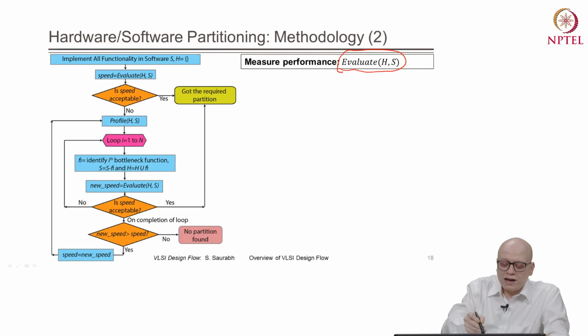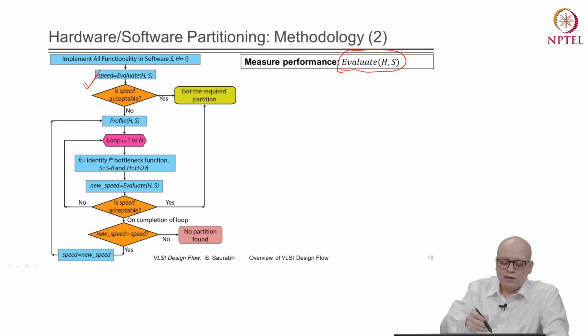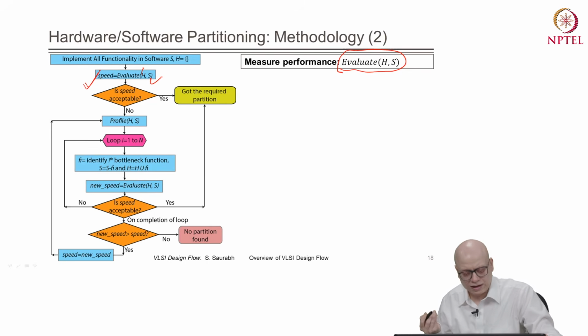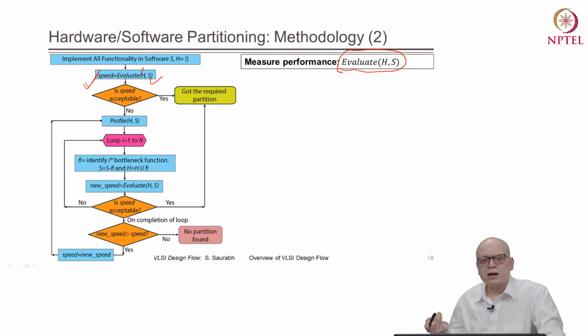Whenever the algorithm enters, the first thing is that it measures the current speed, or the current performance of the partition, that is, in the initial stage H is empty while S contains all the functions of the given algorithm. Now, if the speed is already acceptable, right, if speed is greater than P, then we need not do any partitioning, right.